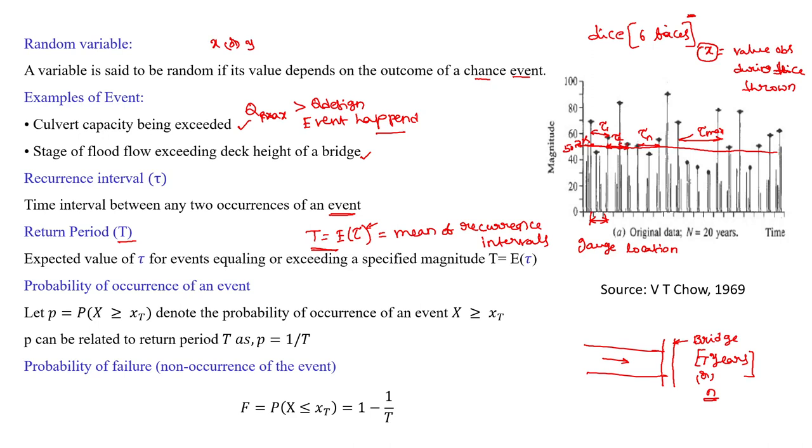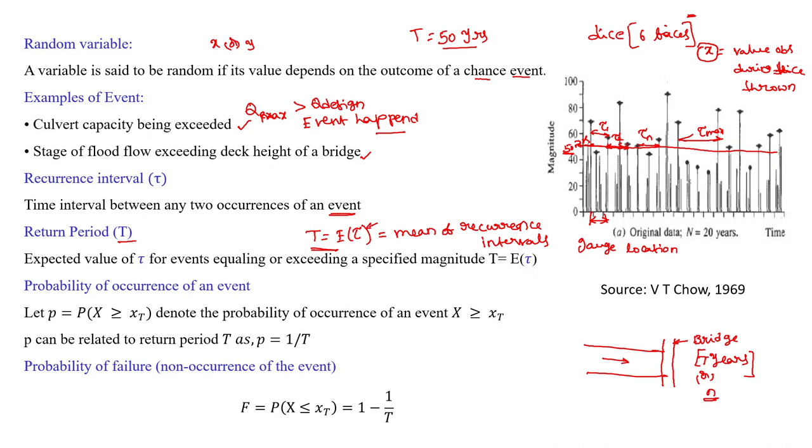Like, for example, when somebody says the return period is 50 years, what does it mean? It means that on an average, at least once, the stream flow value Q is more than the design value. So this is a very important definition you should remember for IAS exams.